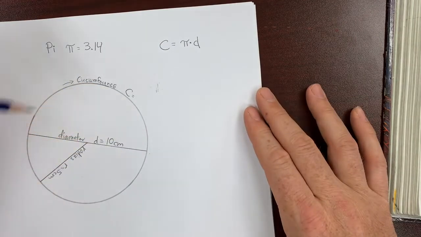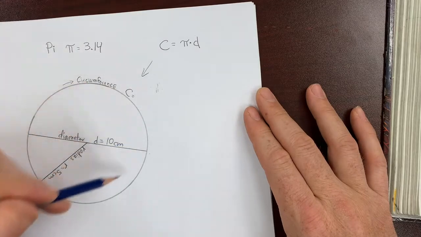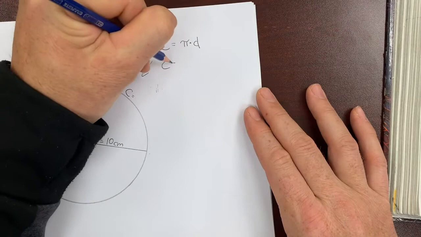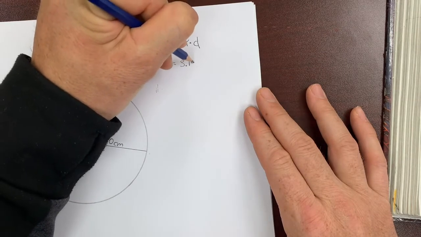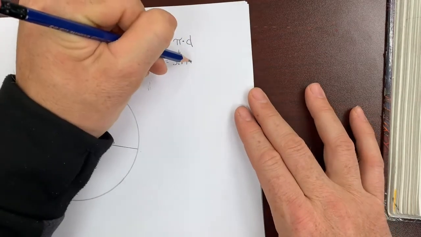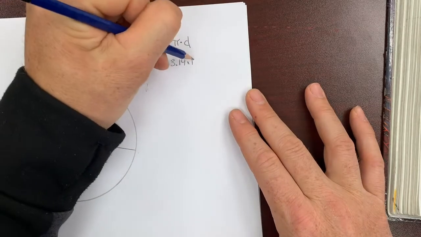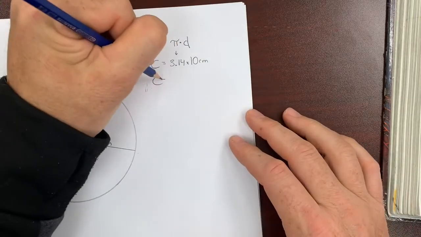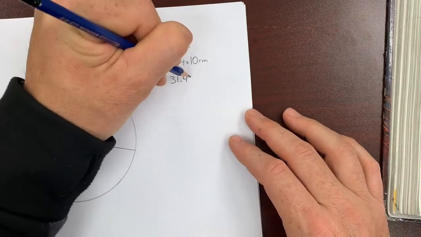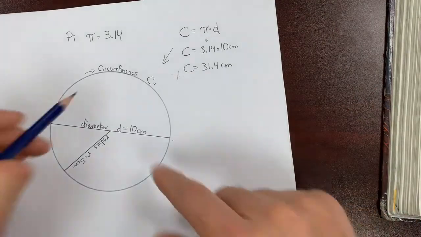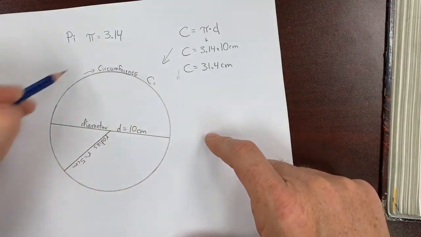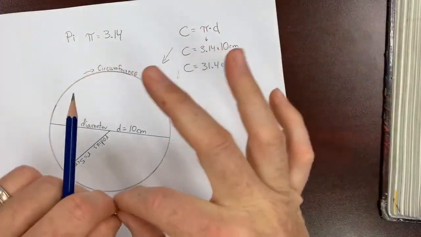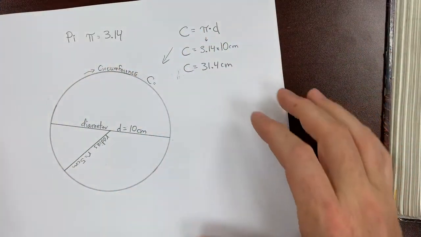So for this circle, the diameter is there, so we would use 3.14 for pi, and then multiply that by our diameter, which is 10 centimeters. 3.14 times 10, well, it's easy, I can do that without a calculator. It's 31.4. So the distance around this circle, if you measured with a string and got it exact, would be 31.4 centimeters.